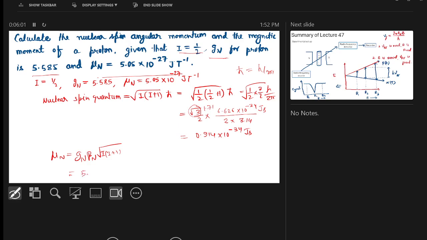G is 5.585, and beta n is 5.05 times 10 to the power minus 27 joule per Tesla, and I is half. After solving this, you will get something like 2.44 times 10 to the power minus 26 joule per Tesla. So for any nucleus, you can calculate if you know the values of Gn and mu n.